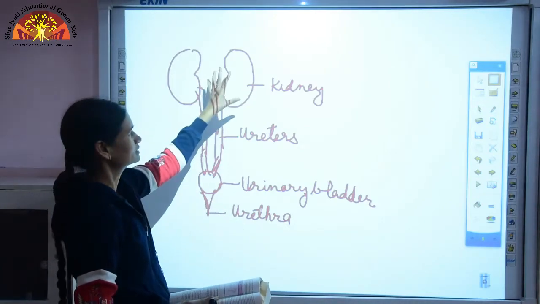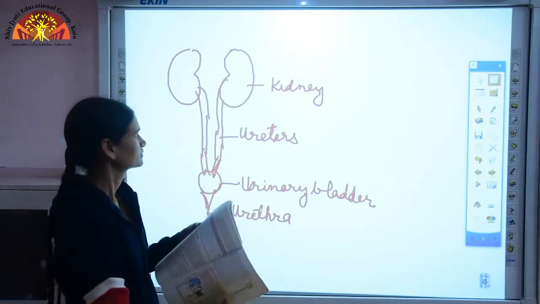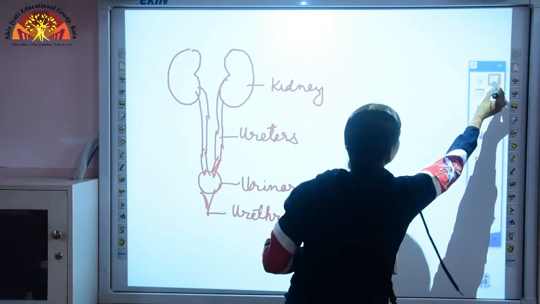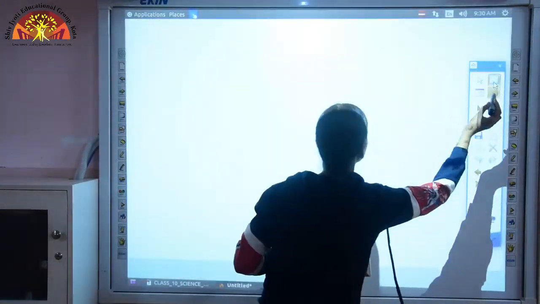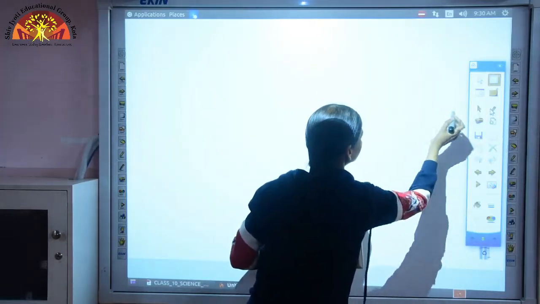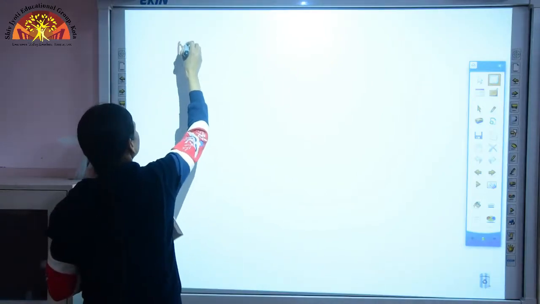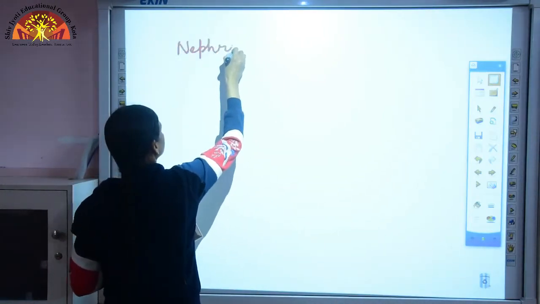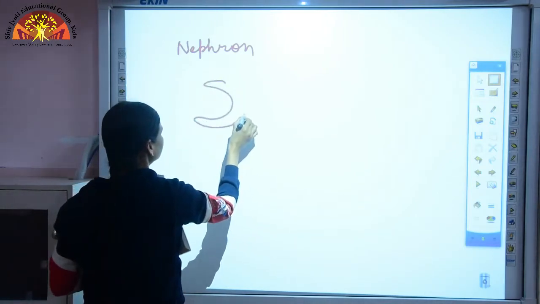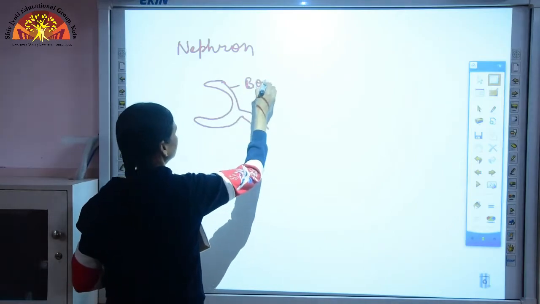Now we will talk about the main functional unit of kidney, that is nephron. तो nephron का structure समझ लेते हैं बच्चों. Nephron is actually the functional unit of kidney. You should know the diagram also. There is a cup-like structure, and it is called Bowman's capsule.